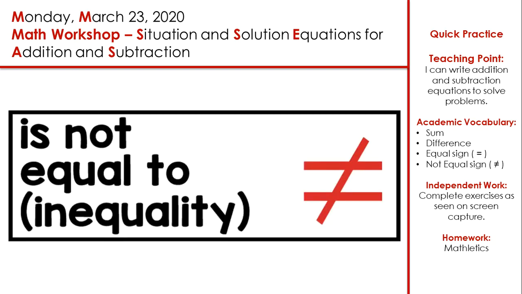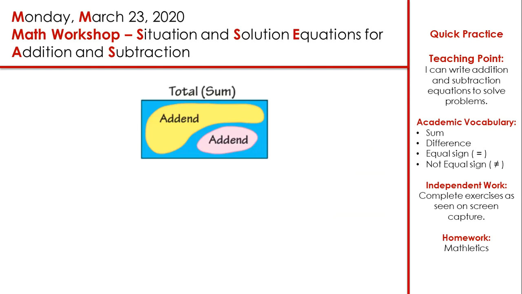And then we have the not equal sign, which states that two expressions that are compared don't have the same value. We're going to be working a lot with this when we work with inequalities, but that will be later on. For now, just focus on this: when we use this symbol, the two expressions that we're comparing don't have the same value. All right, so let's take a look at our lesson for today.